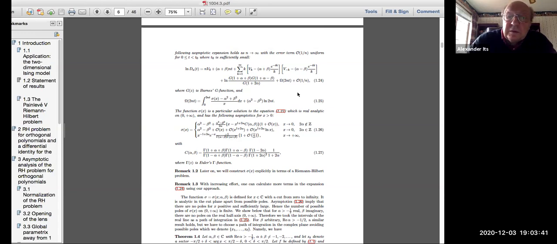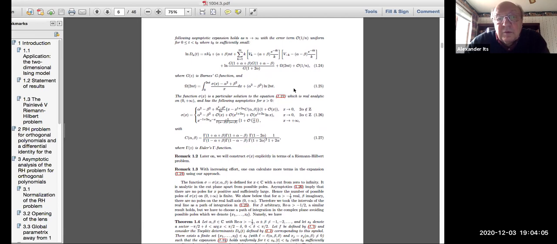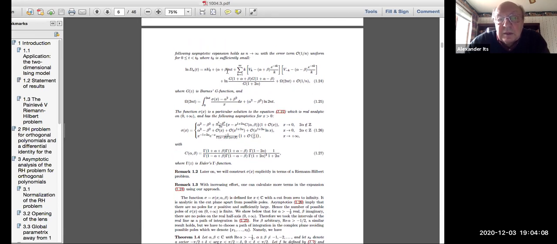If instead n times t goes to 0, then using this behavior here, you would recast this formula into the Fisher-Hartwig formula. It would be good to give details of how to translate this formula. Sorry, I have not prepared it, but nevertheless, this is the answer. This is as good as you get for the transition regime.